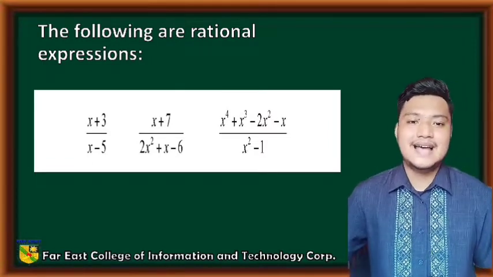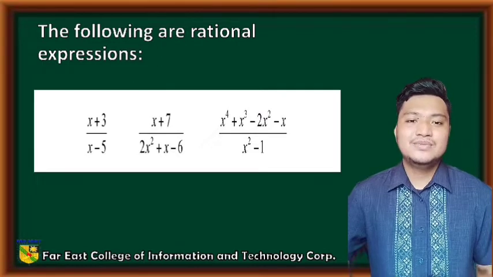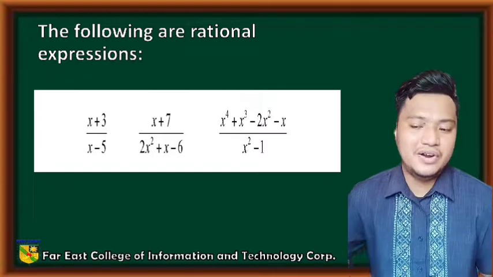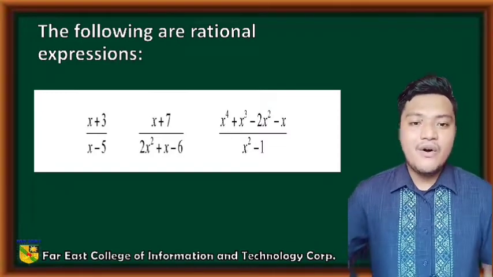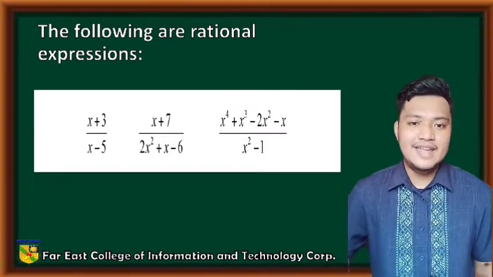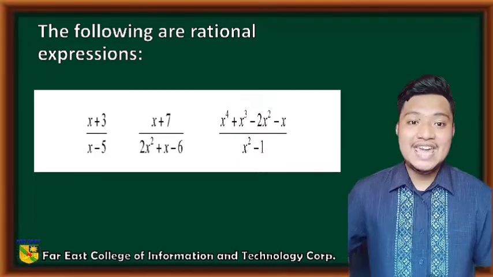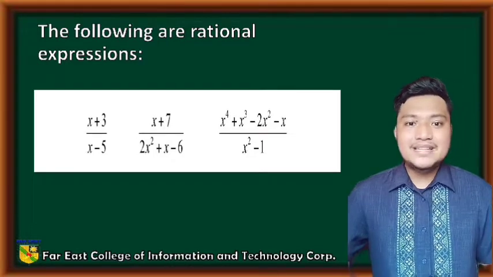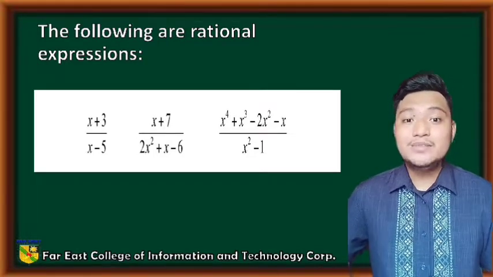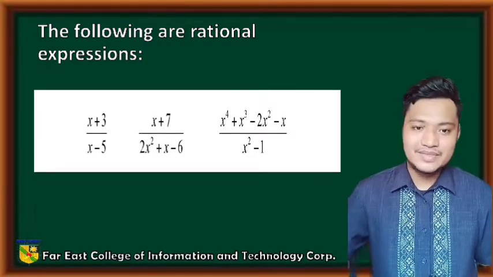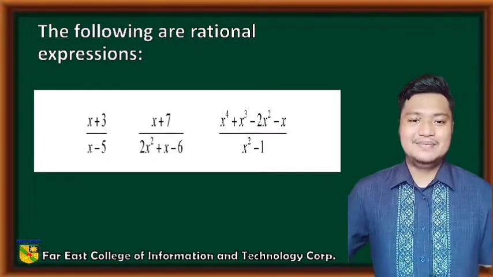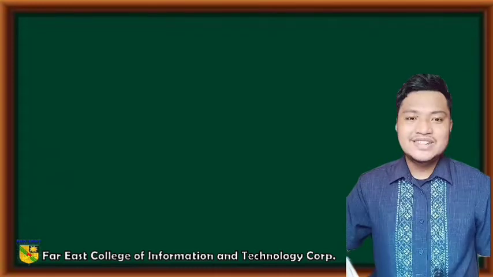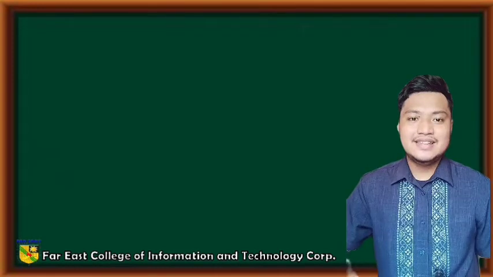And the last example is x to the 4th plus x cubed minus 2x squared minus 5 over x squared minus 1. It is also a rational expression because we notice that their exponents are not negative. They are positive. Okay?